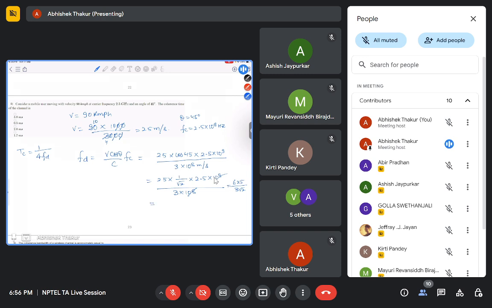So this is equal to 147.31. Now the coherence time is 1 by 4 Fd. So this is equal to 1 by 4 into 147.31 second. So this value will be 1.7 into 10 to the power of minus 3 second, that is equal to 1.7 millisecond. So the correct answer is option number D.